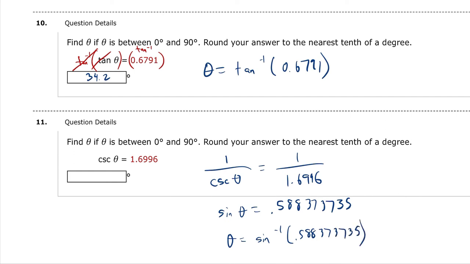And when you do that, you should get 36.04, but they want you to round to the nearest tenth, which is just 36.0. That's what I'm getting. And once again, make sure that your angle is between the two angles that they want it to be between, which it is.